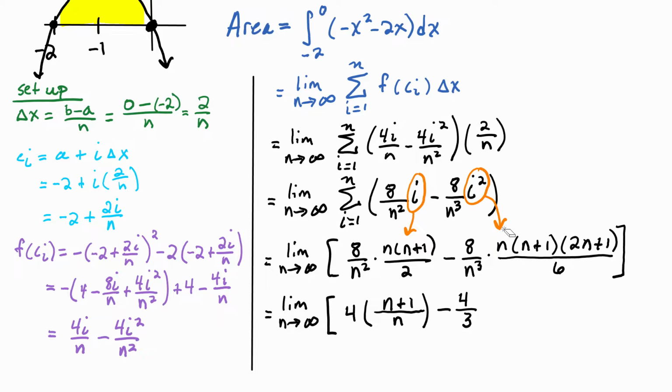Then this n in the numerator cancels one of these n's in the denominator. So we're left with n squared in the denominator. And then we will FOIL out this binomial to get 2n squared plus 3n plus 1. Make our parentheses here and then close the big bracket.